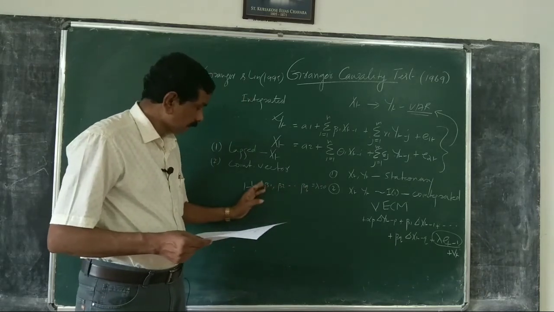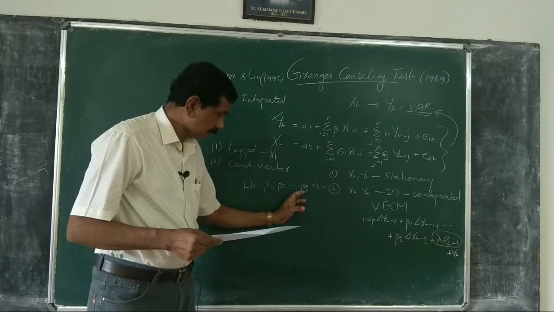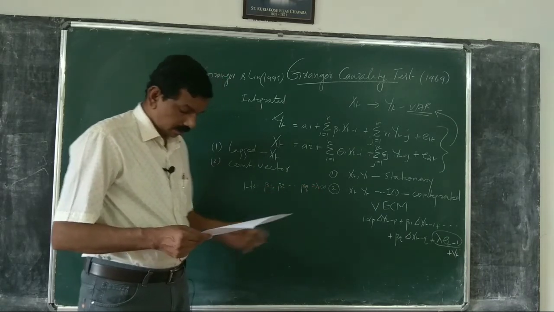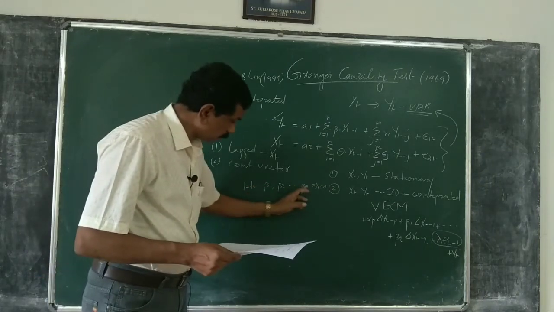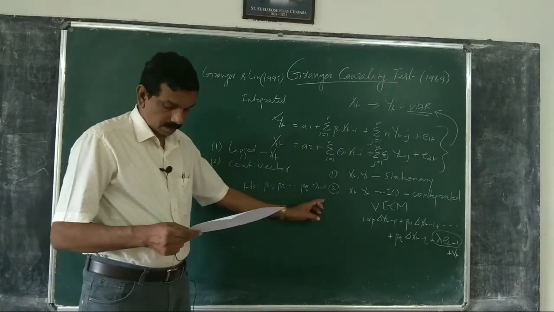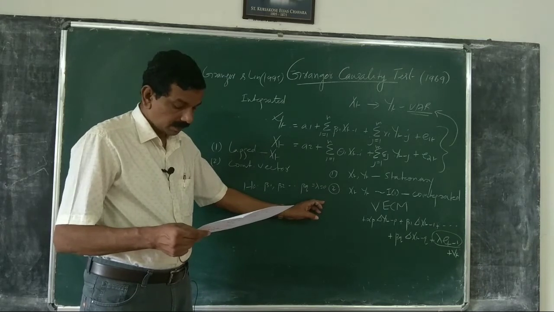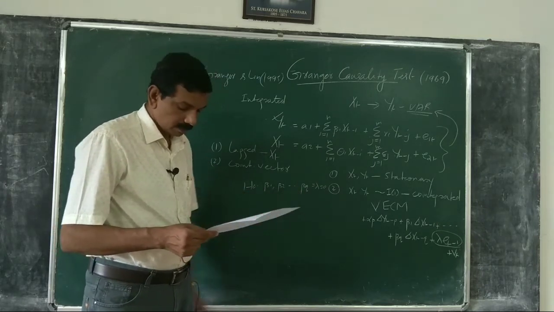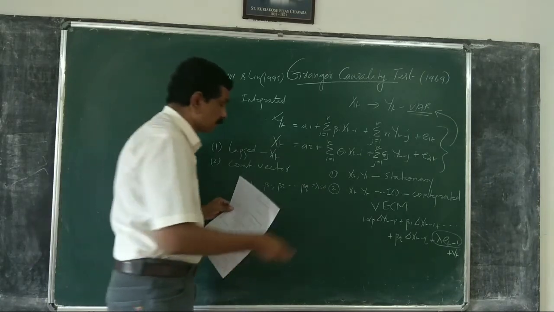But now we have to check beta 1, beta 2, etc., beta q and also lambda. Even if these beta coefficients are 0, but lambda is not equal to 0, we can reject H0.